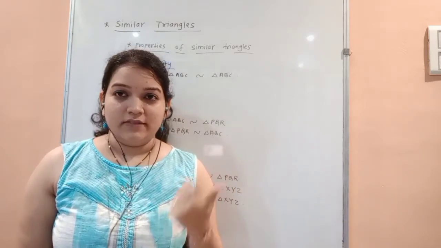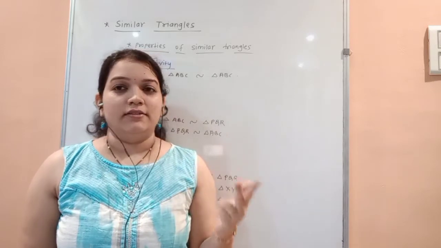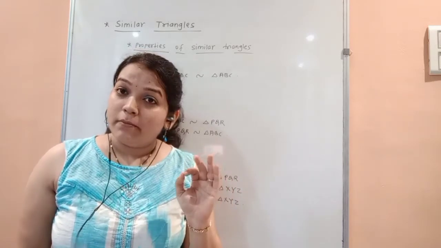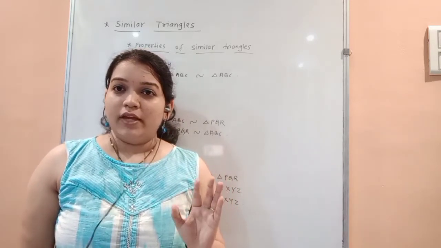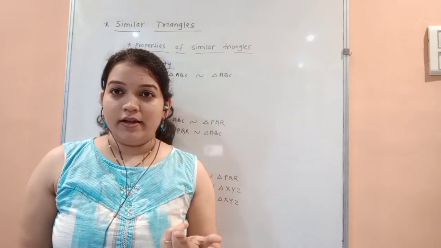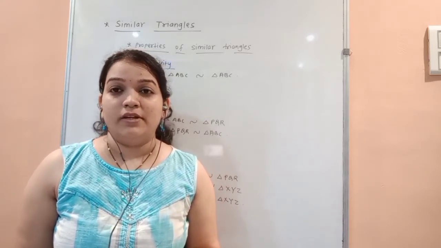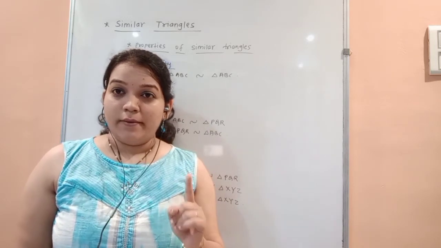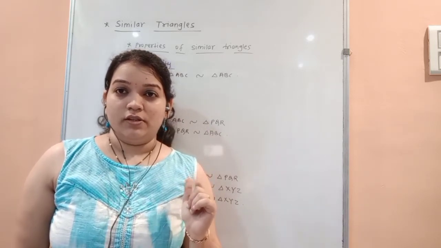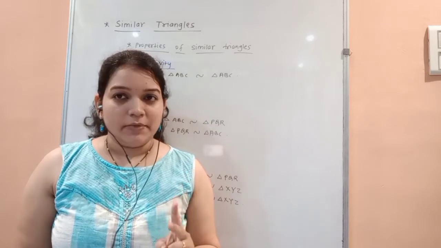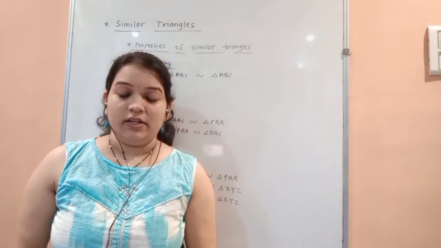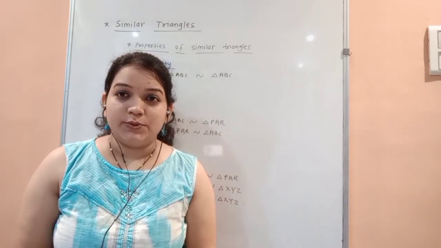First is reflexivity, second is symmetry, and third is transitivity. Remember these names. Okay. If the question is asked in your question paper that write properties of similar triangles, then you must be able to solve this question. Reflexivity, symmetry and transitivity. Is this thing clear to you, students?